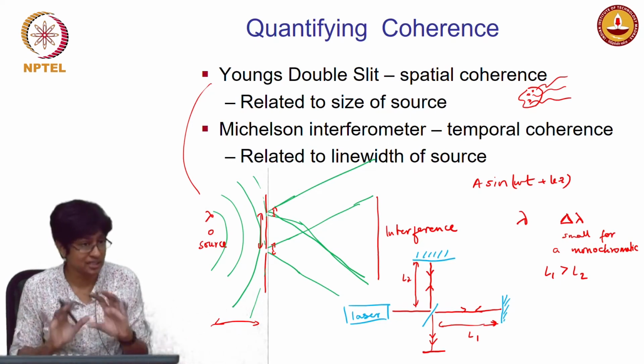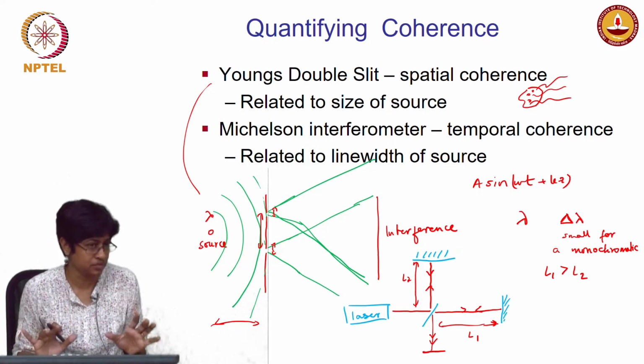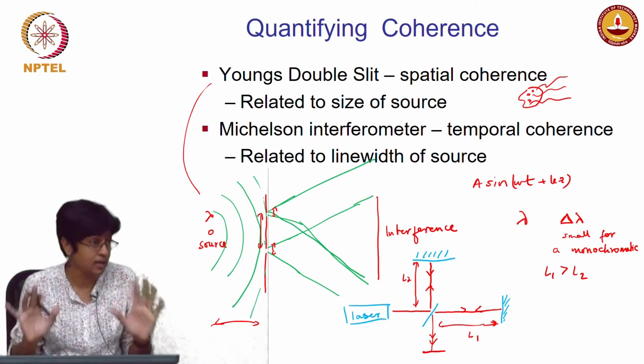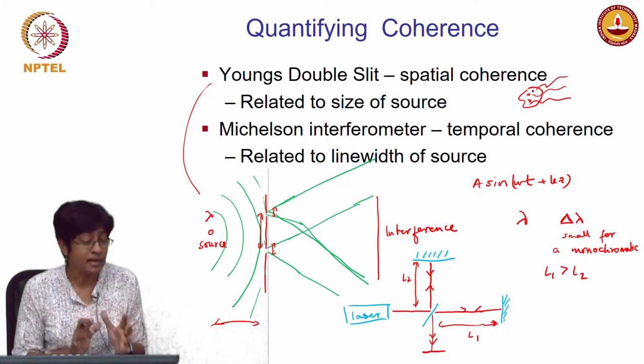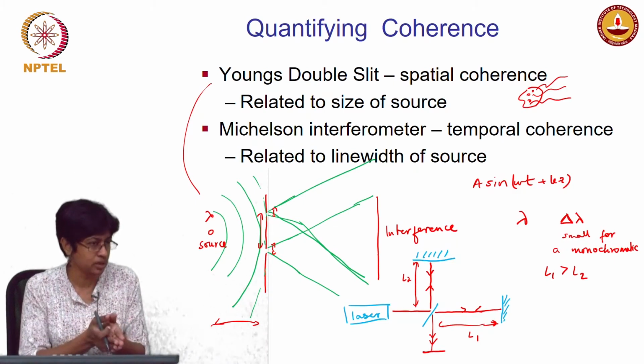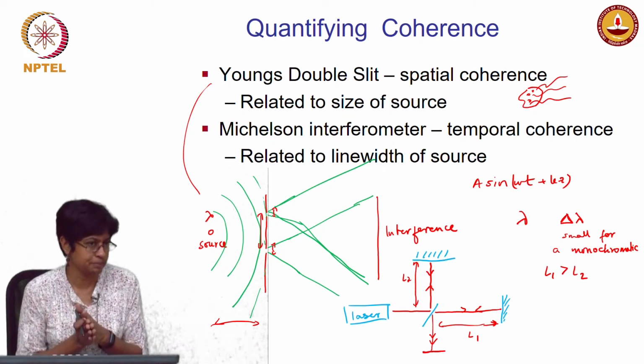So I hope you can see the difference between these two types of interferometers. Both are interferometers, both are creating two sources out of a single source. One allows you to study the spatial coherence, one allows you to study the temporal coherence. Okay?